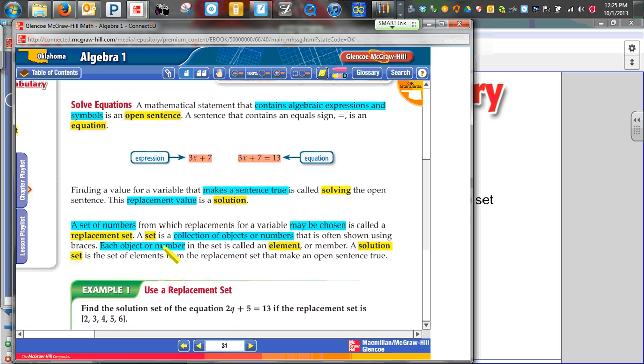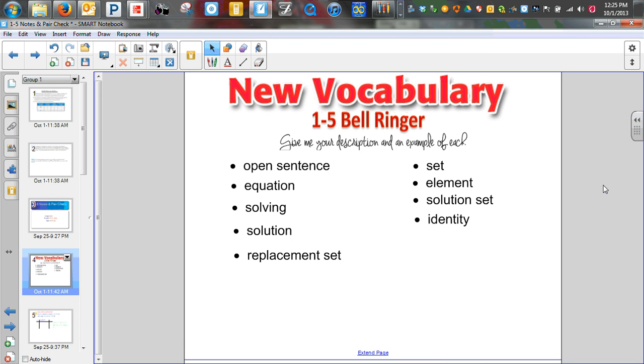Each object or number in the set is called an element. The solution set is a set of elements from the replacement set. Is that all of them? Identity?